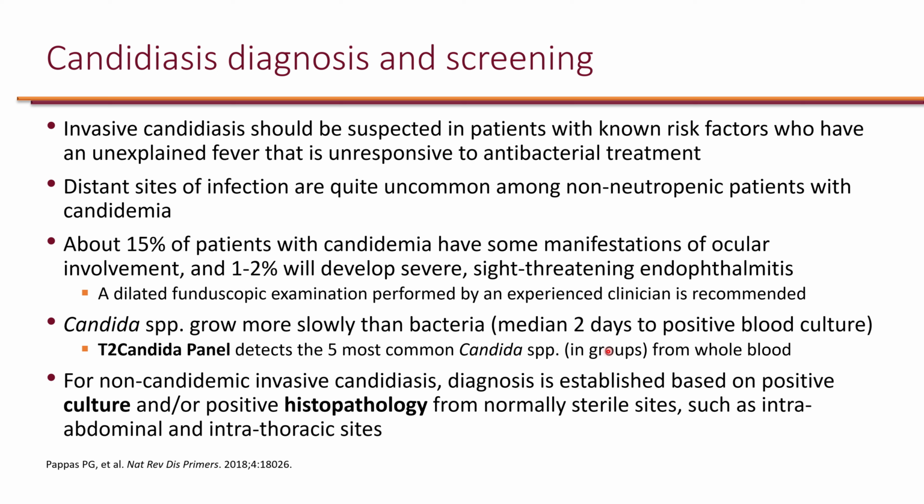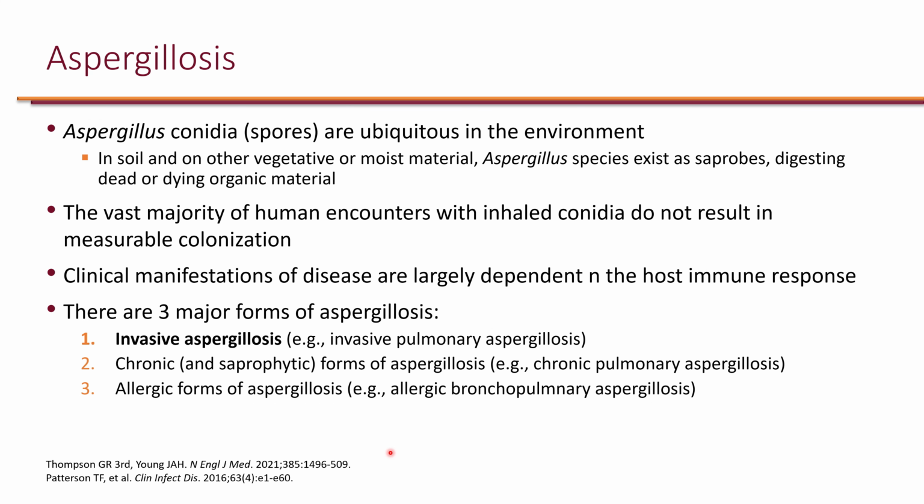So you don't have to wait for 2 days for the colonies to grow to be put on this test. It can be directly from the whole blood. Now, outside of the blood, the diagnosis is essentially dependent on culture and or a positive histopathology from normally sterile sites, such as intra-abdominal or intrathoracic sites.